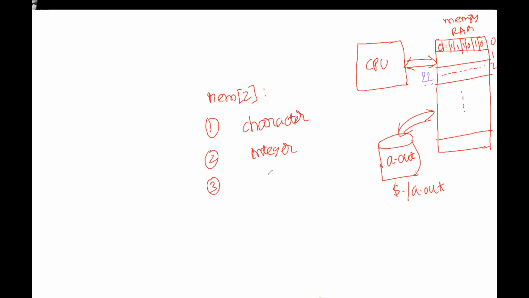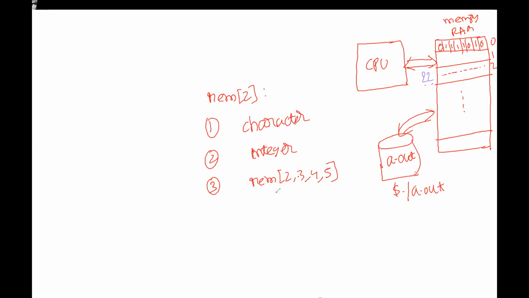Or it could be the case that from mem[2] to 2, 3, 4, 5, an integer is stored. Like for example, in C, an integer is allocated 4 bytes of memory. So an integer could be present starting at the memory locations 2, 3, 4, 5. Yeah, that is a possibility.